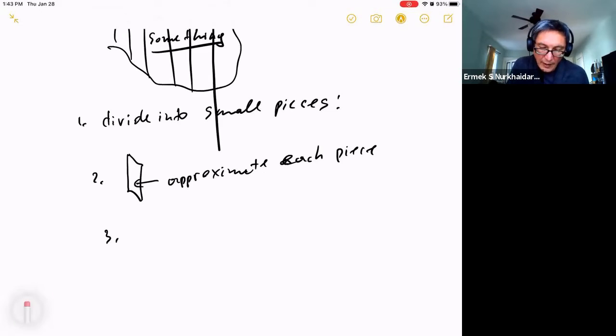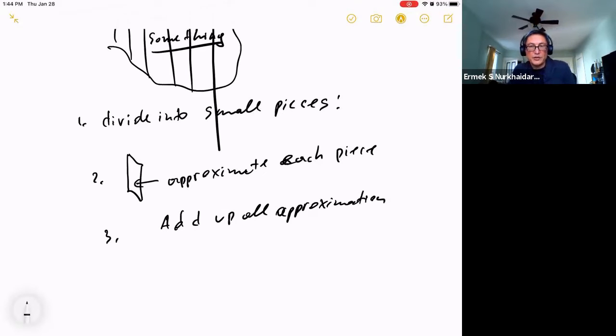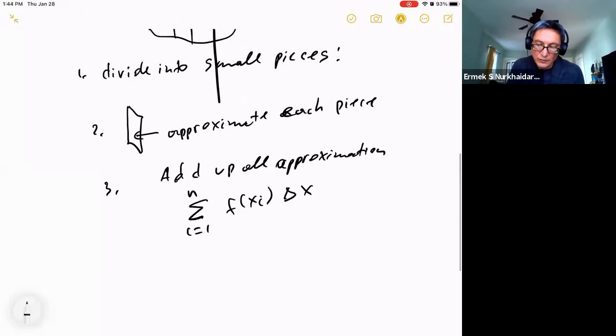Then add up all the approximations. When you add up all the approximations, we're going to get the sum of f of xi delta x, i from 1 to n. And that is going to be a Riemann sum.